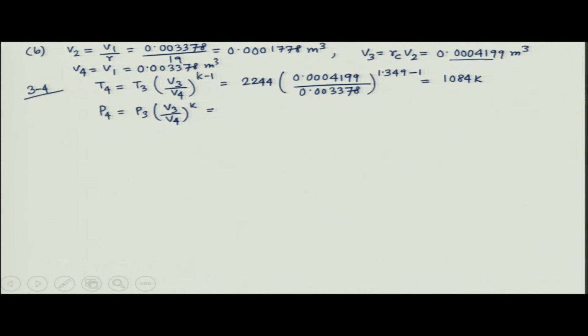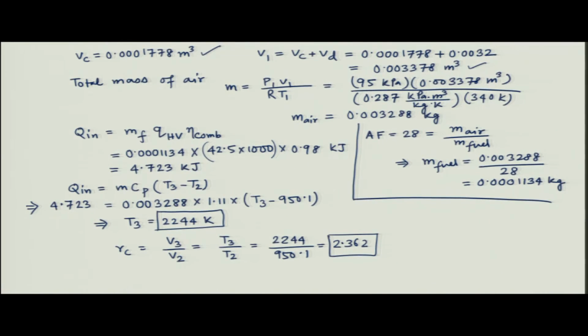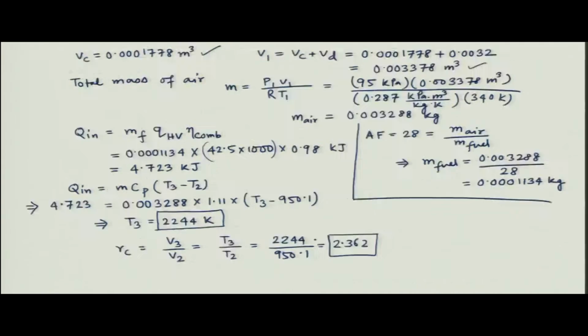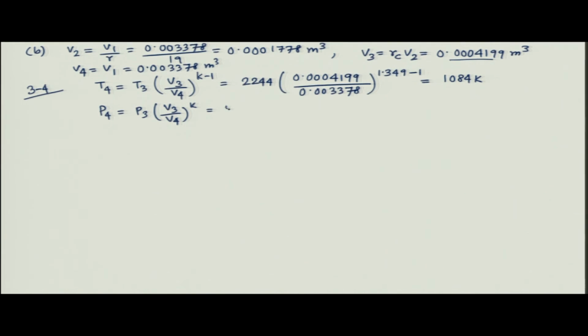Now, what is P3? P3 is basically P2, and in the previous slide we have probably solved P2. Yeah, P2 is 5044 kilopascal, right, because P3 equal to P2, and this is V3 upon V4 to the power of 1.349. So, you will get P4 as 302.9 kPa. Okay.